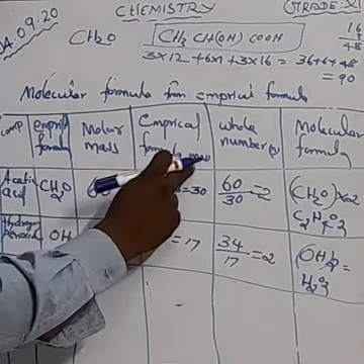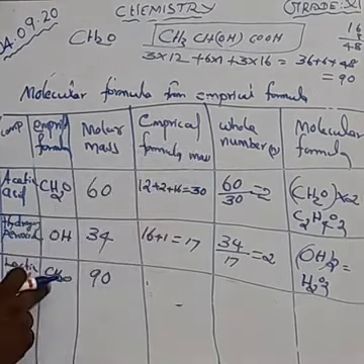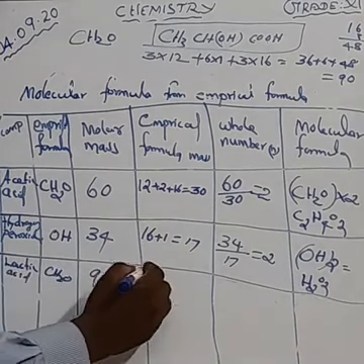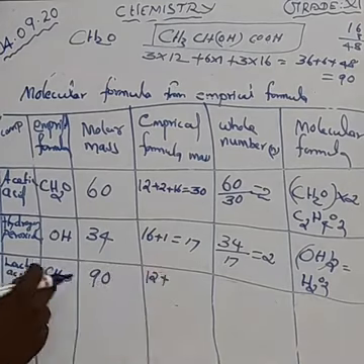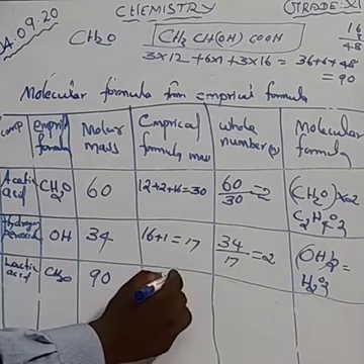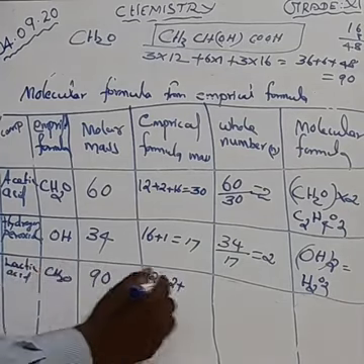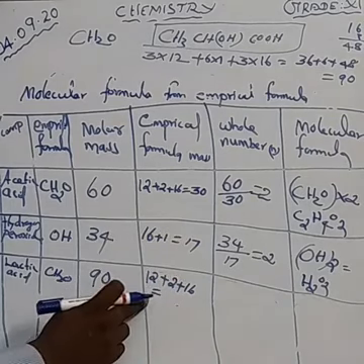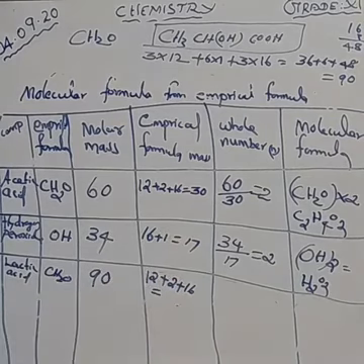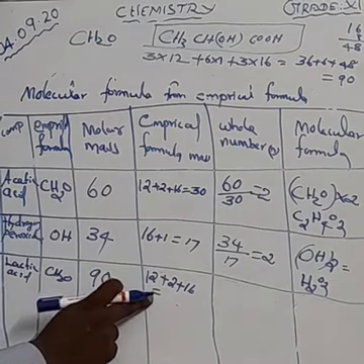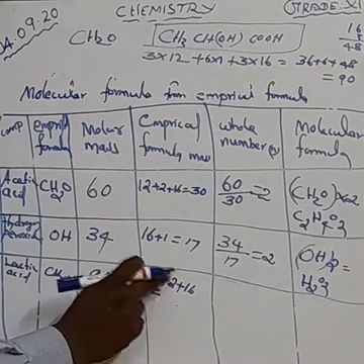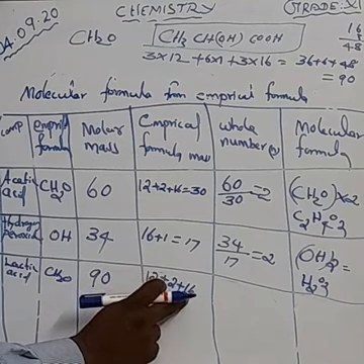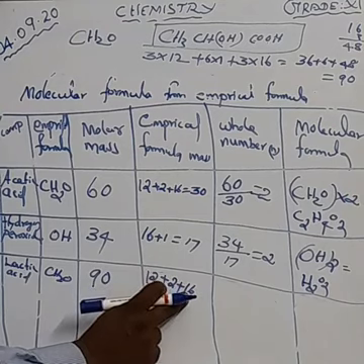Then empirical formula mass, that is here, how much carbon is there? 1 carbon. So 12 plus 2 plus oxygen 16. Okay, so what's the answer here? 12 plus 2, 40 plus 16 is equal to 30, right?